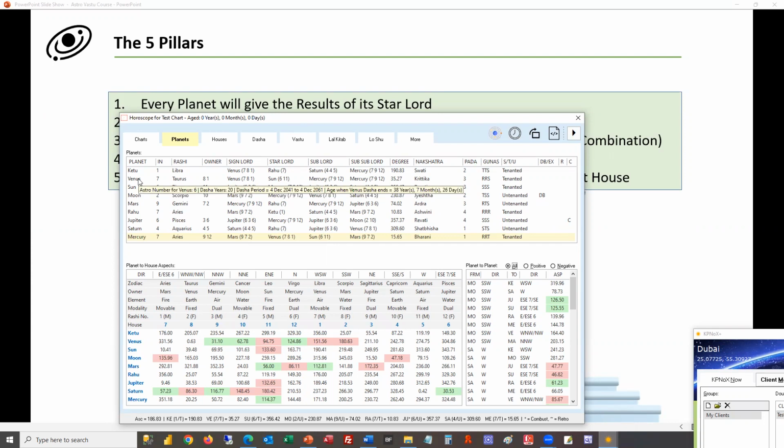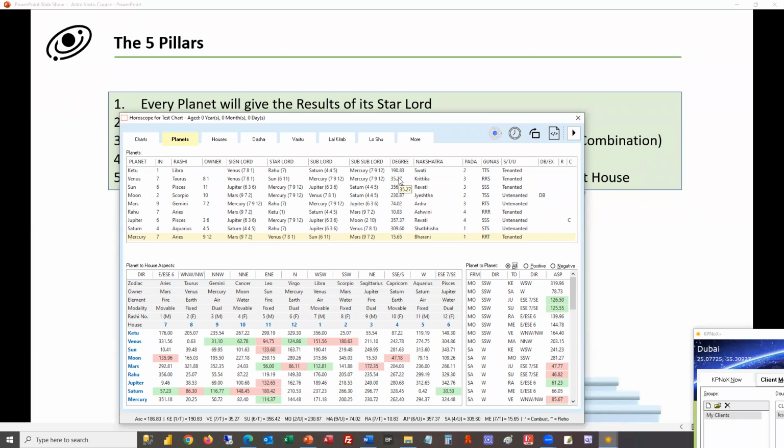The star lord of Kritika is Sun, and hence it is determined as Sun. Am I right? Correct. Star lord is the nakshatra lord, yes. Correct.